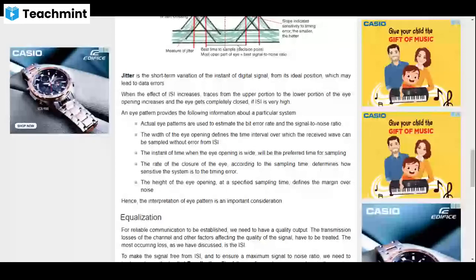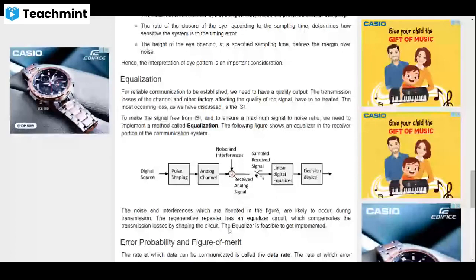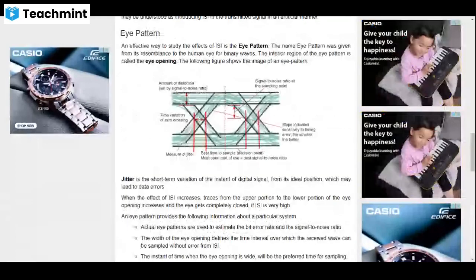Hence the interpretation of the eye pattern is an important consideration in ISI measurement. So this is the important thing related to the eye diagram. In short, what is the eye pattern? The eye pattern provides instant visual data that the engineer can use to check the signal integrity of the design and uncover problems easily in the design process.